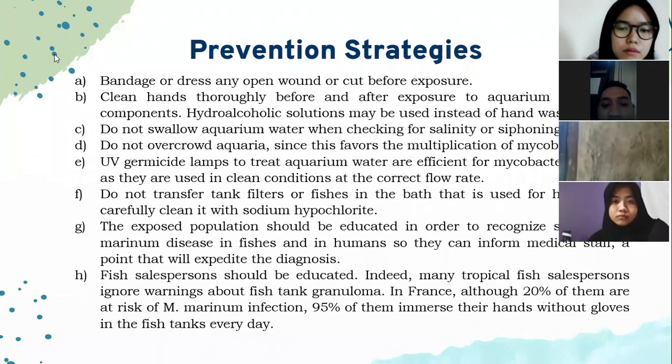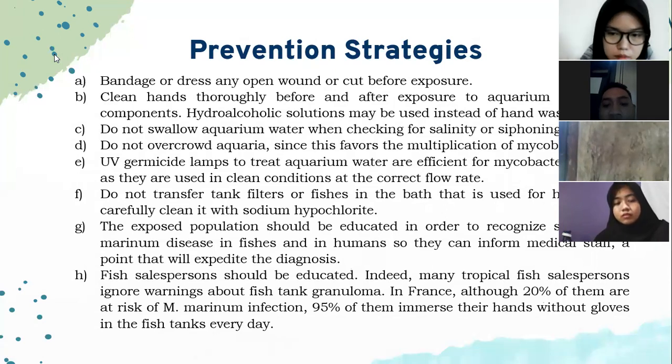Indeed, many tropical fish salespeople ignore warnings about fish tank granuloma. In France, although 20% of them are at risk of M. marinum infection, 95% of them immerse their hands without gloves in the fish tank every day.